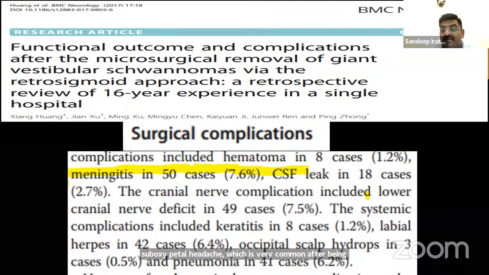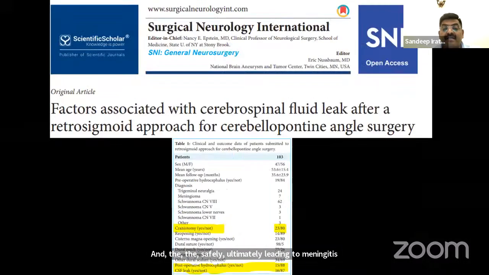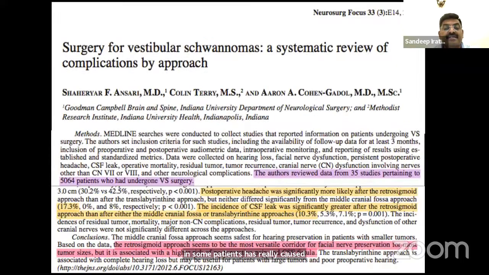The CSF leak ultimately led to meningitis in some patients and caused mortality, which was very frustrating in the initial period of my career.